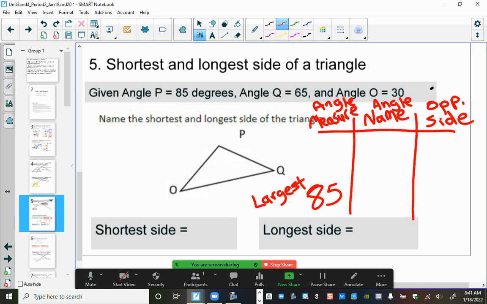Okay, what's the next number? Now, is that 65? Is that going to be the smallest or the one in the middle? Middle. Then, of course, the shortest or the smallest is 30.